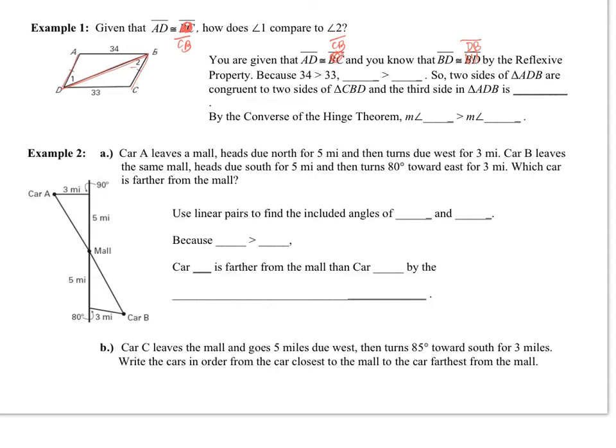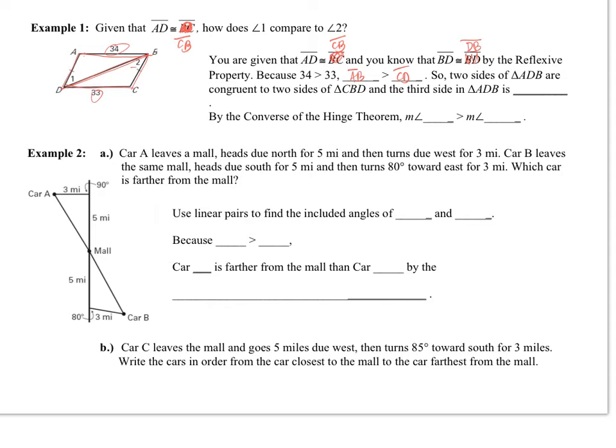So I switched these letters around so that it would match the points better. So because 34 is greater than 33, we can say AB is greater than CD.